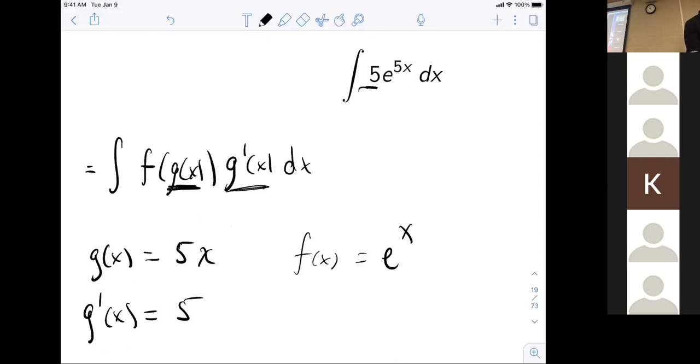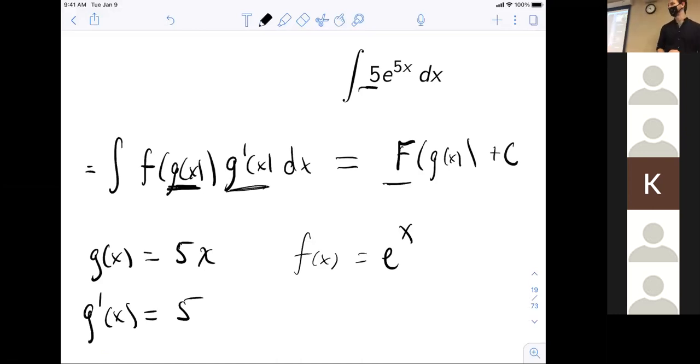So we know, again, the integral of something that looks like f of g of x times g prime of x had to come from capital F of g of x plus c, where capital F is an antiderivative of that outside function.